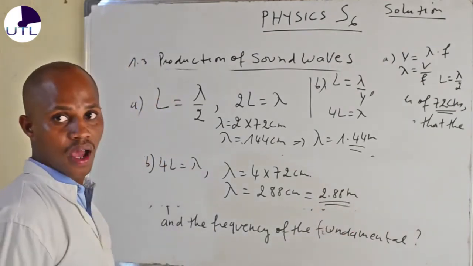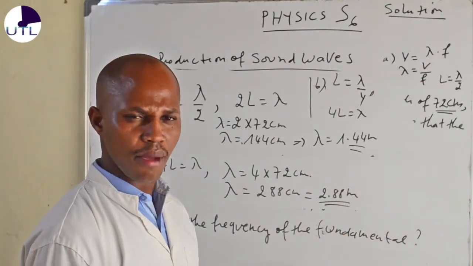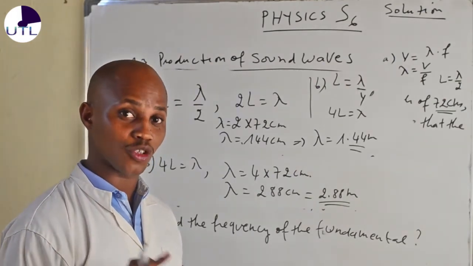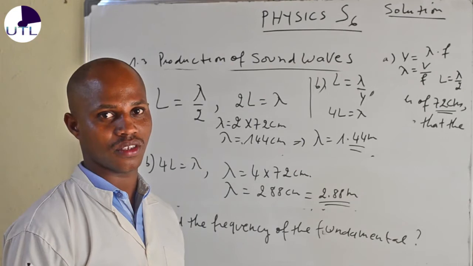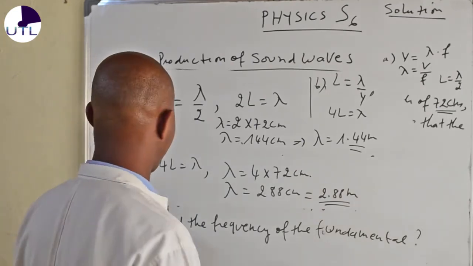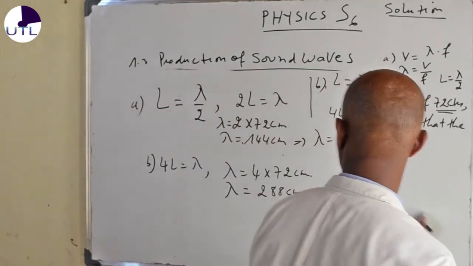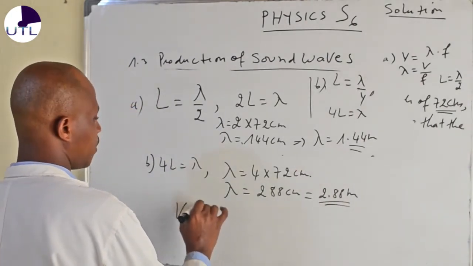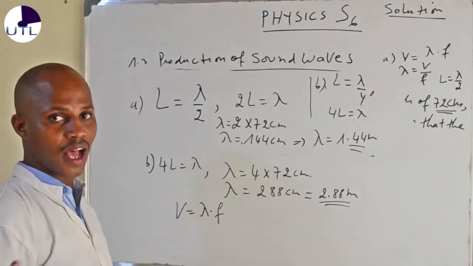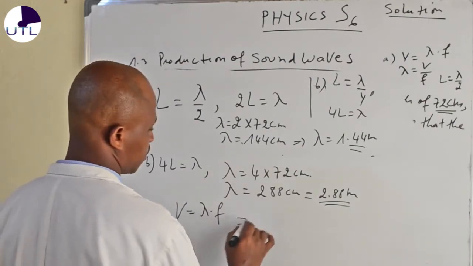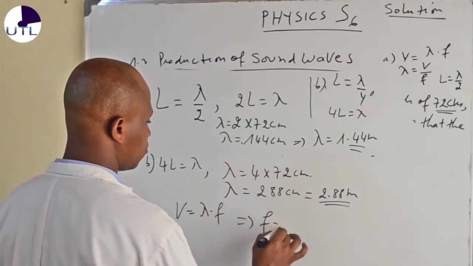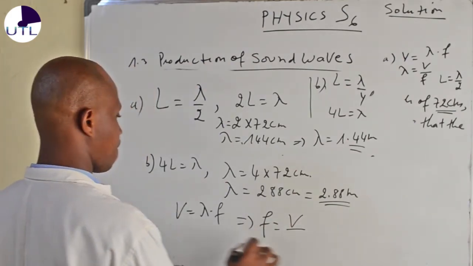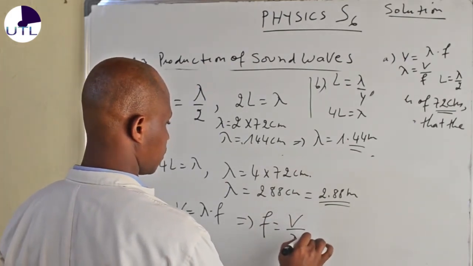So far now we have the wavelength. Don't you remember the formula which is combining the frequency, the speed, and the wavelength? Let us use it. You know that speed was equal to wavelength times the frequency, and they asked us to find the frequency. That's very simple. The frequency will be equal to the speed divided by the wavelength.